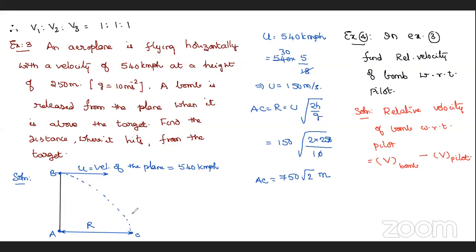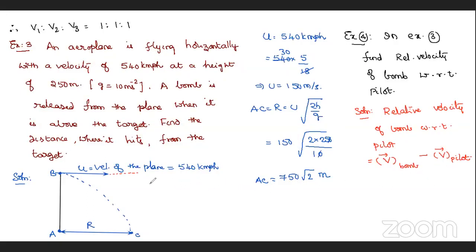The pilot will go along with the aeroplane, that's why the pilot travels in this direction, and the bomb travels like this, in a parabolic path. So these directions are different, which means better you take it in vector form, because their directions are not the same.